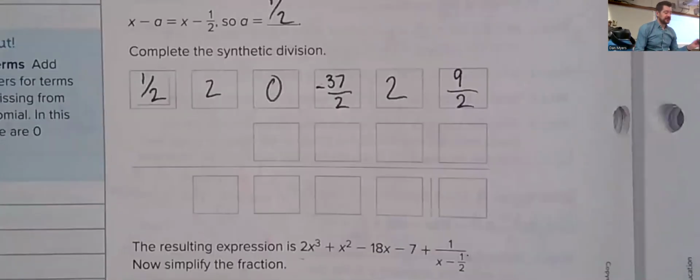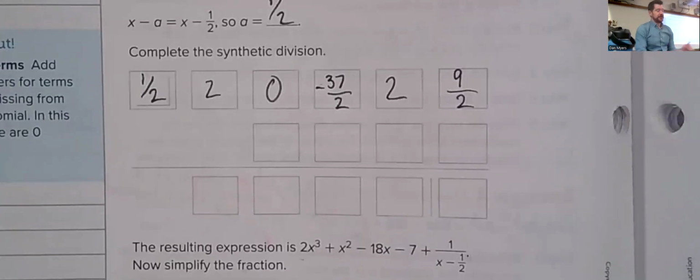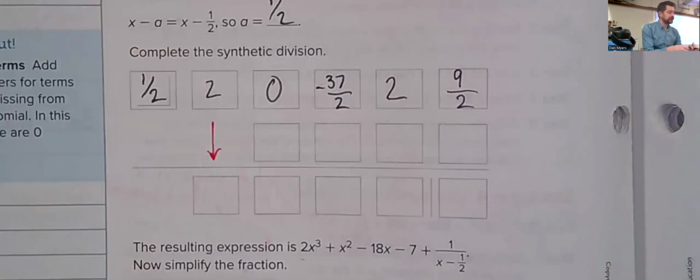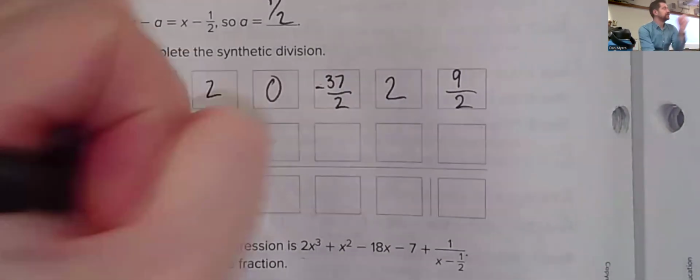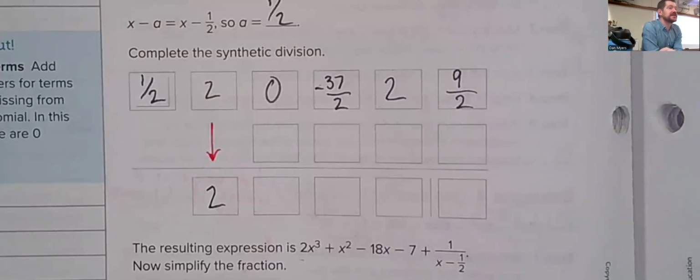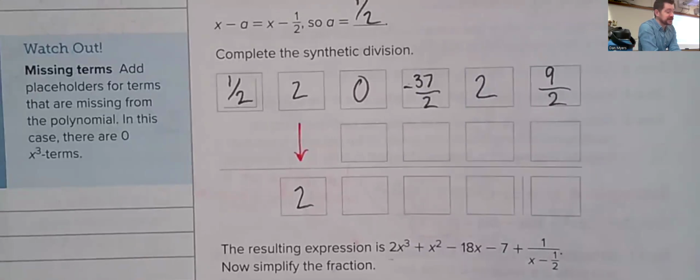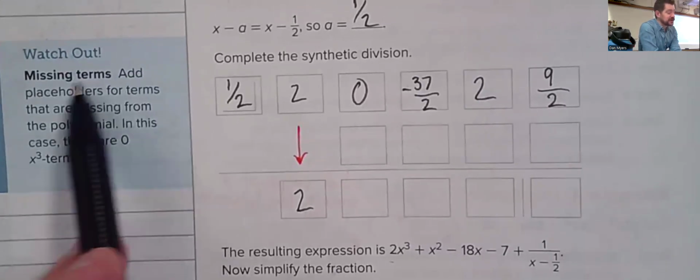And then our process involves bringing down the first coefficient, which is 2. And then we start the process of multiplying and adding. Also, off to the side here, maybe you read this. Missing terms, watch out.